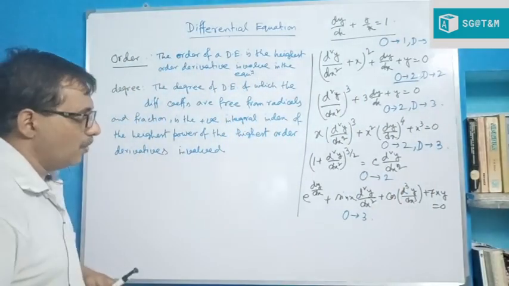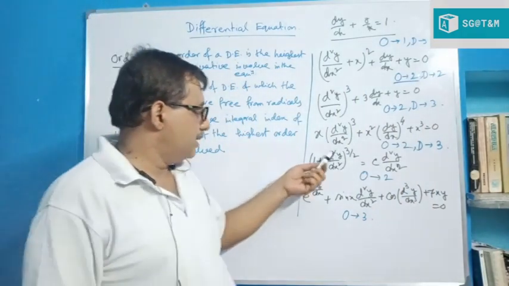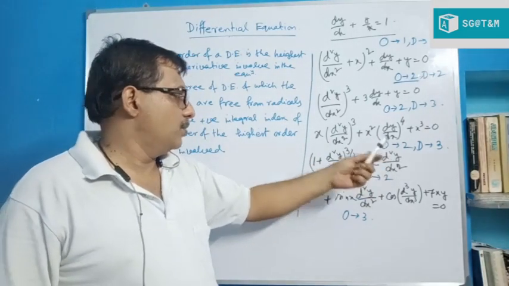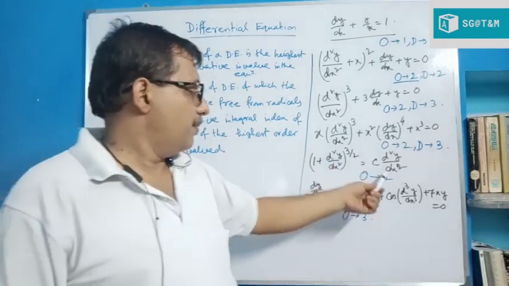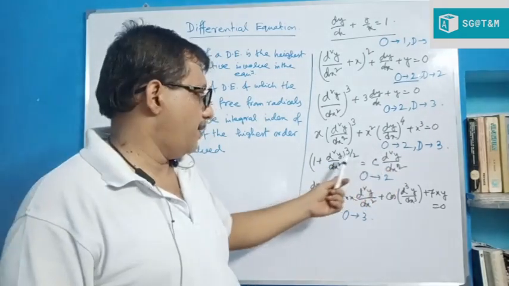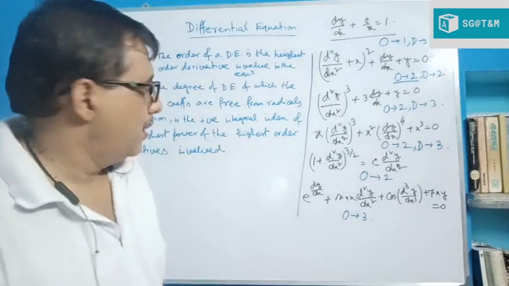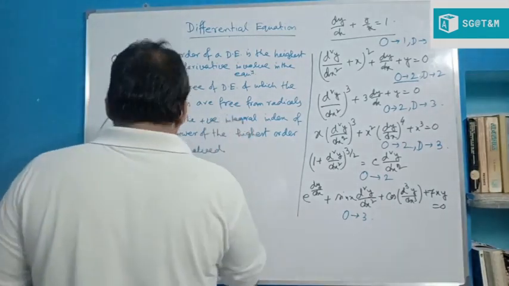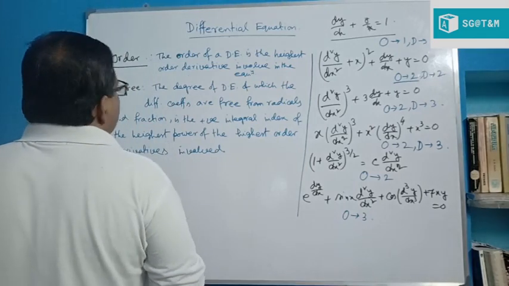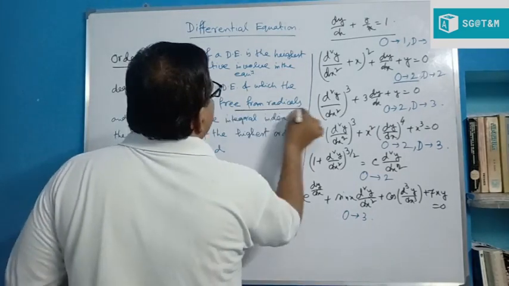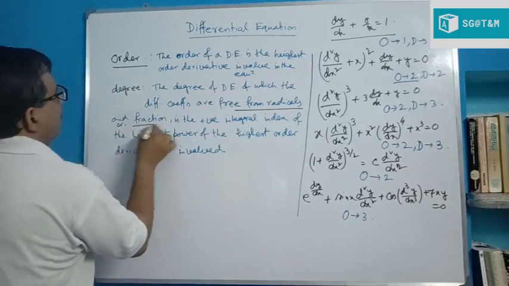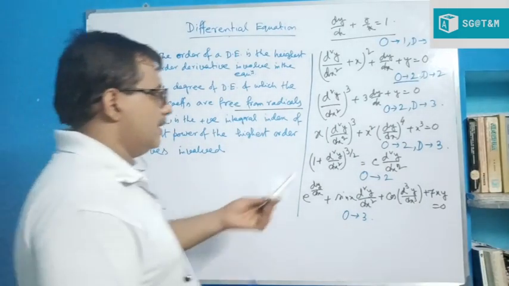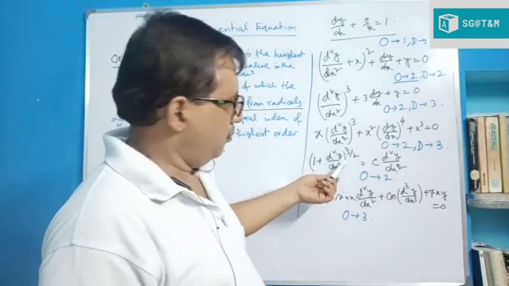Next, question number 4. It is 1 plus (d²y/dx²) whole to the power 3/2 is equal to c into d²y/dx². Here the power of this is 1 and the power of this is 3/2. But in our definition, the equation must be free from radicals and fractions. So this is the radical sign, square root, 3/2.